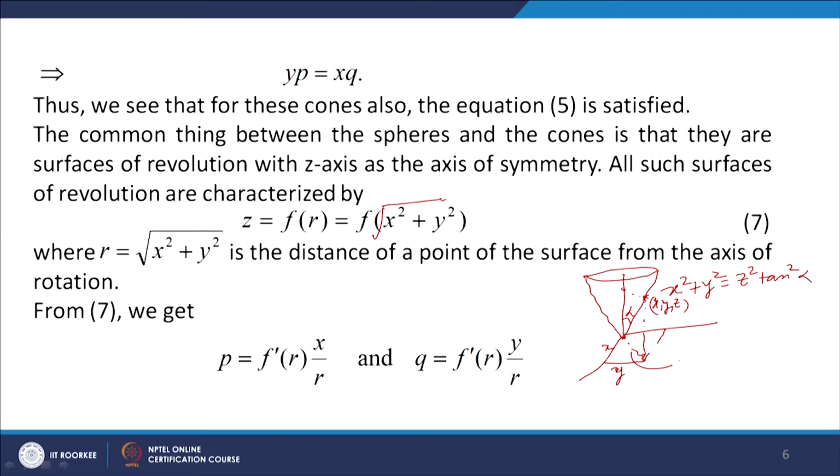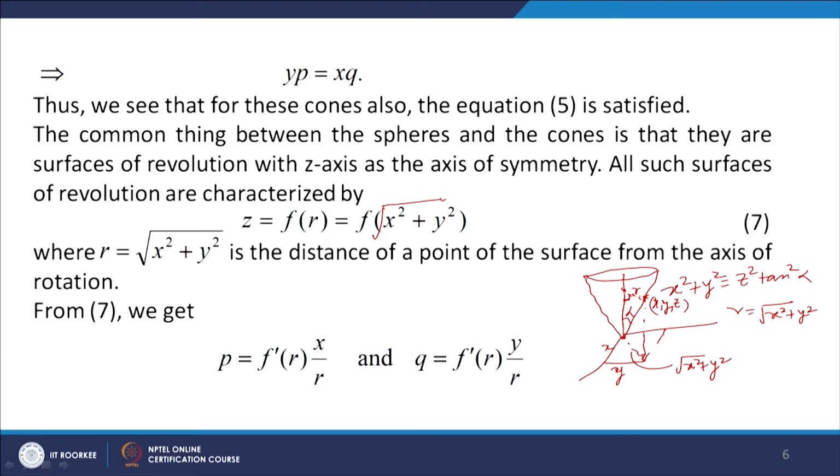So, this distance is under root x square plus y square, and therefore the distance of the point (x, y, z) on the surface of the cone from the z axis, this is perpendicular, this is 90 degrees, is also under root x square plus y square. So, r is under root x square plus y square, where r is the distance of a point of the surface from the axis of rotation.